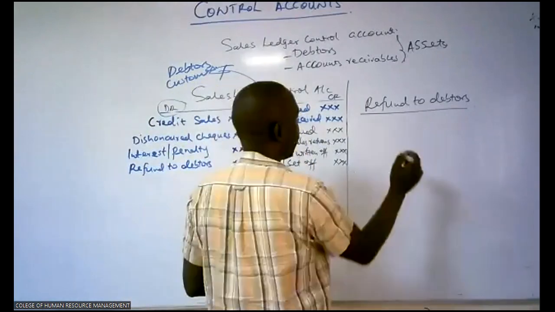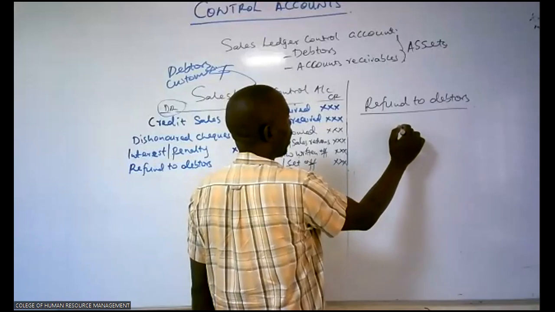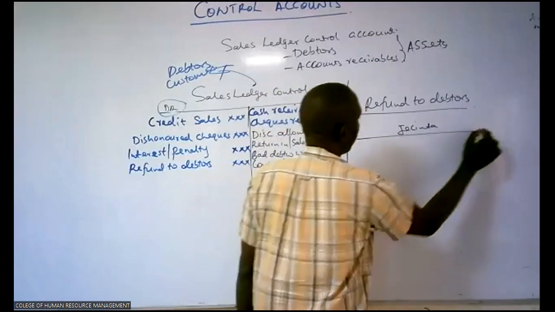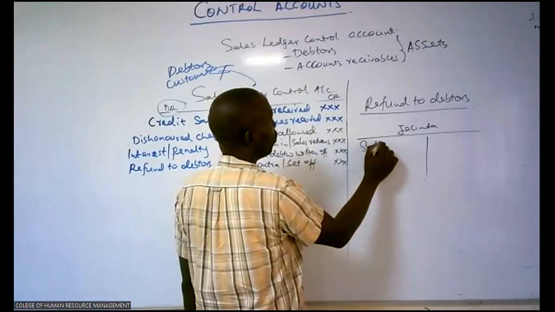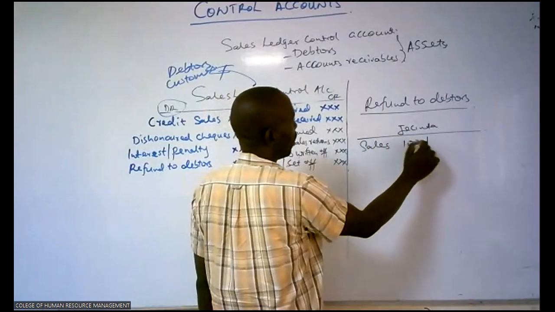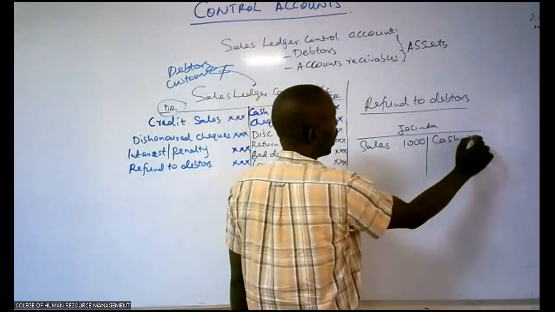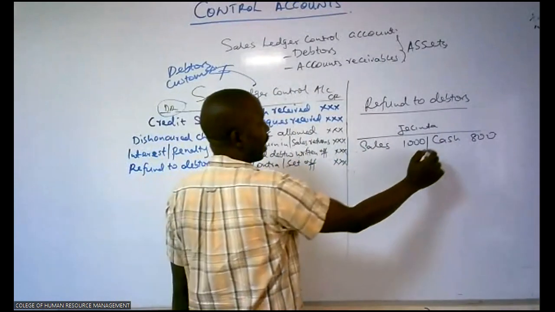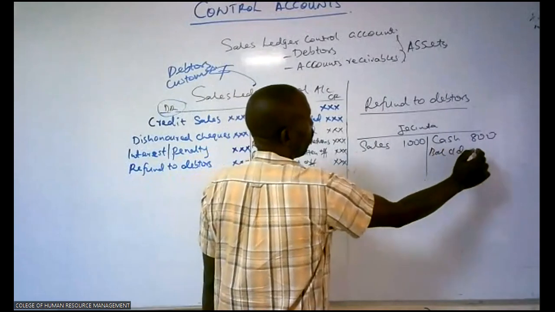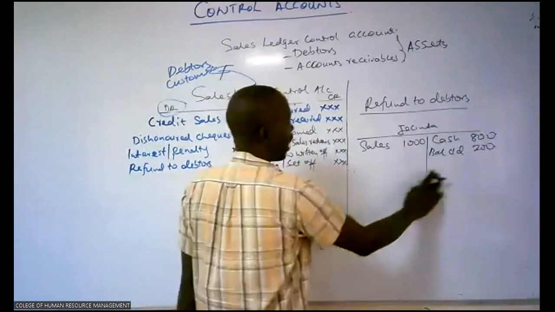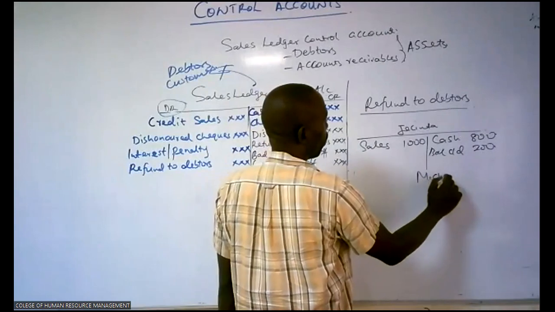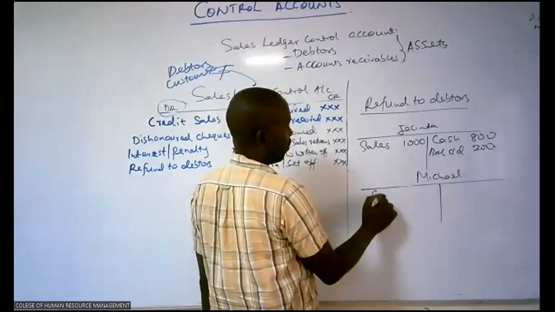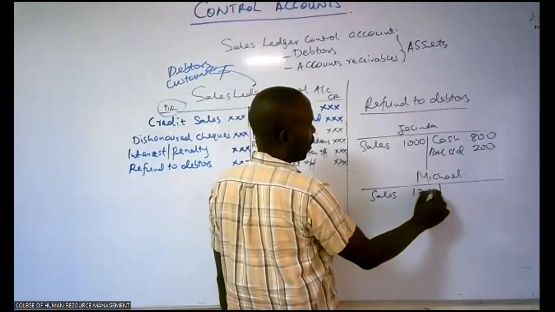Let me clarify your case. Maybe this one was an account for Jacinta. Jacinta, we had sold goods of 1,000. She has paid by cash 800. You know, here there is a balance carried down of 200. If we had another person, maybe by the name Michael, we made sales to Michael of 1,200.